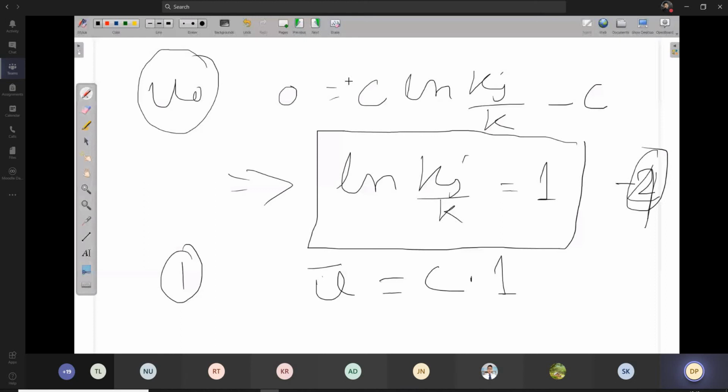Let us say this is u0. So from this equation, c is equal to u0. This u0 is basically the speed at that particular point when the flow was maximum.